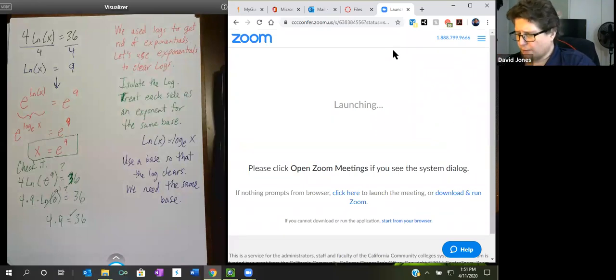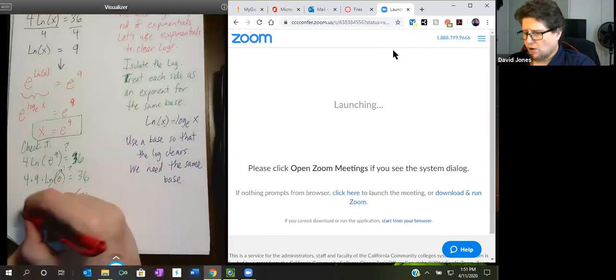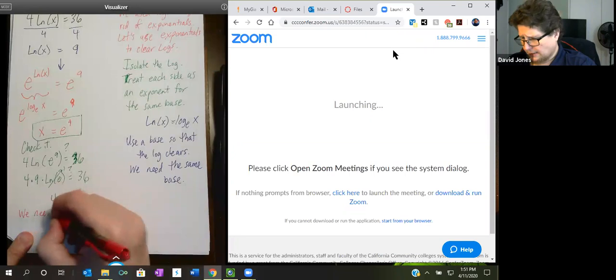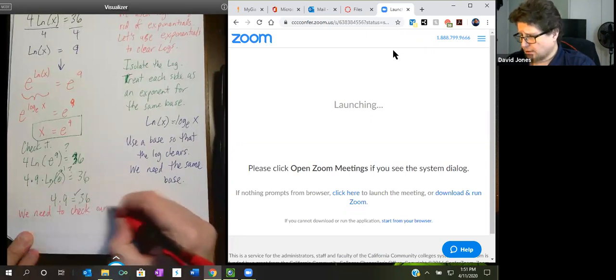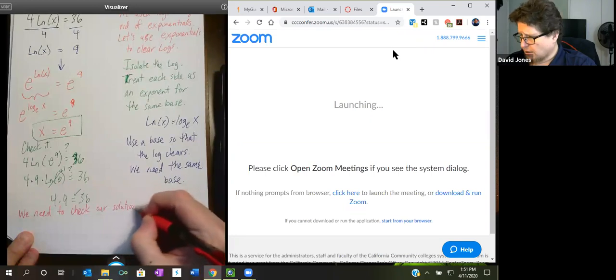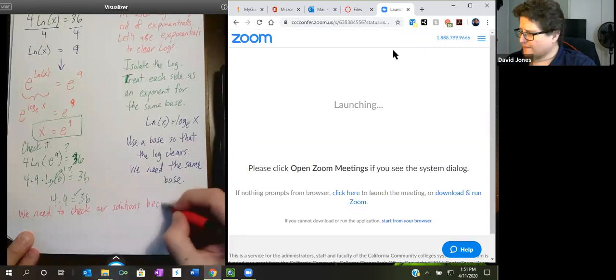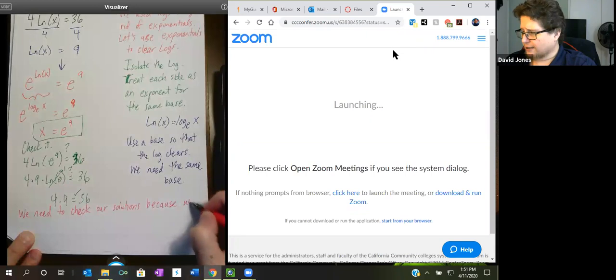And the reason why we check it, we need to check our solutions, because we cannot have negative values inside logarithms.